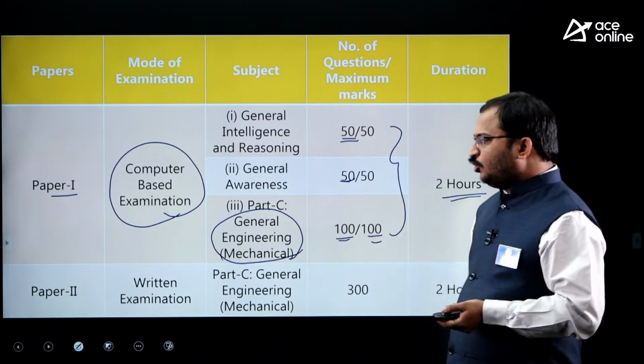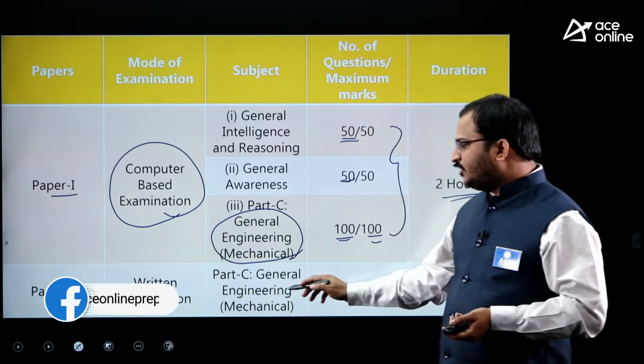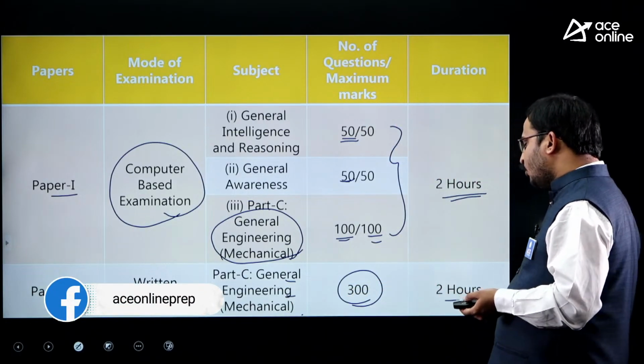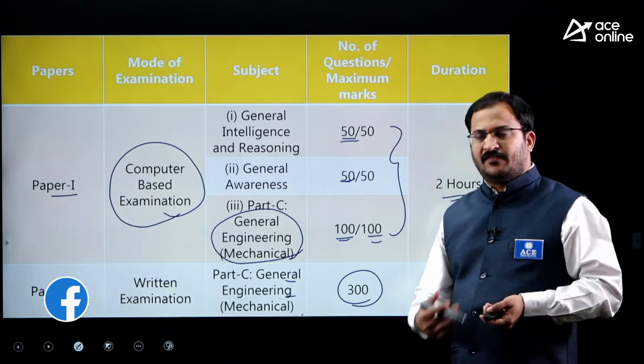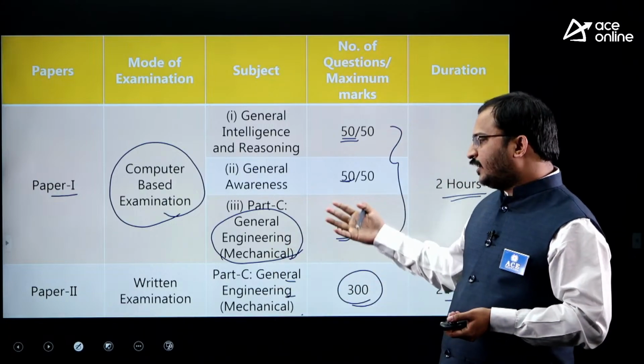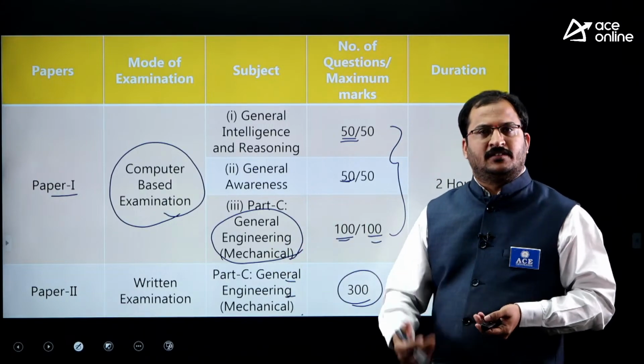And paper 2, the written examination, is general engineering mechanical, for 300 marks, and it is 2 hours. Here you don't have any general awareness. So the present course will be helpful for you in cracking these 2 papers.